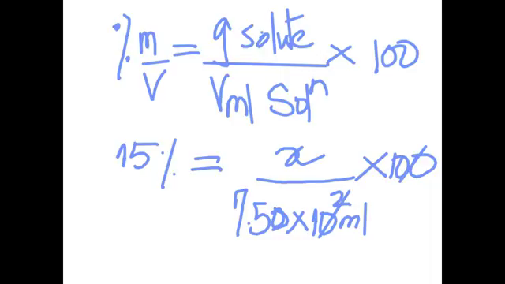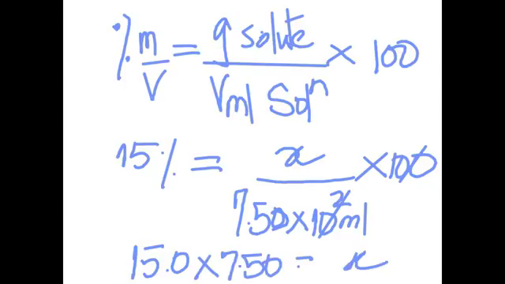So what's X then? Cross multiply. What's X? 15.0 times 7.50 is X. Does that make sense to you all? And so what is the final answer?